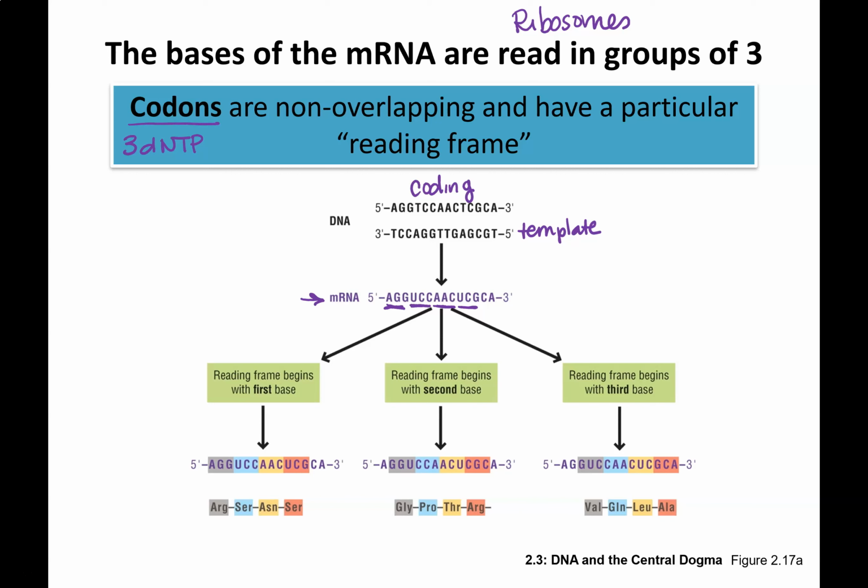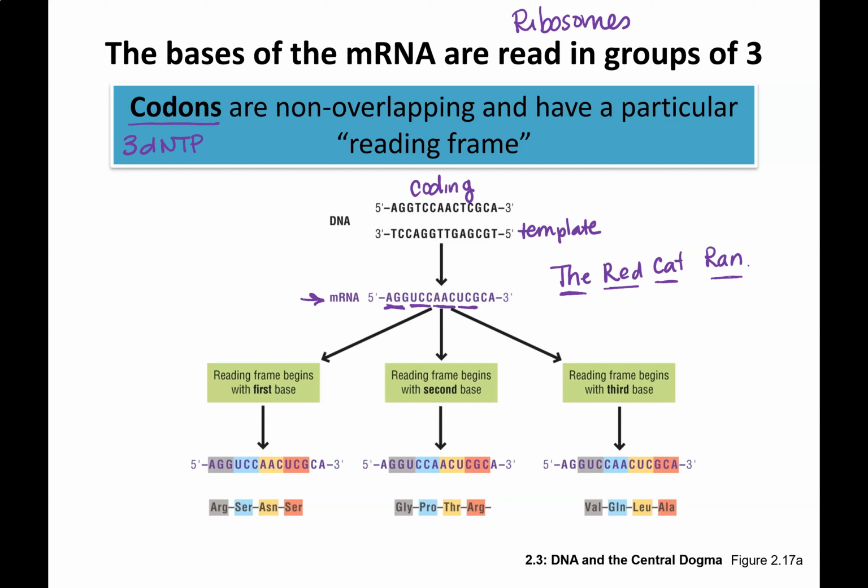So let me show you why the reading frame is important. Let's say we have a sentence, the red cat ran. If you start that sentence in the right spot, your sentence makes sense. The red cat ran. Now we are going to keep our triplets together and make words that make sense.